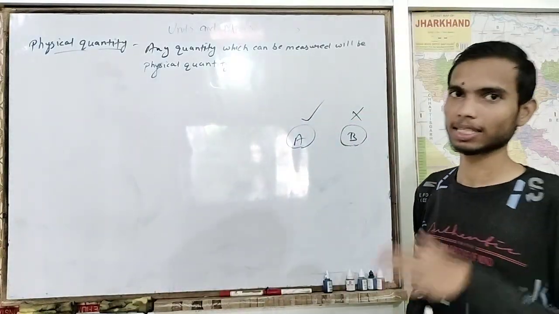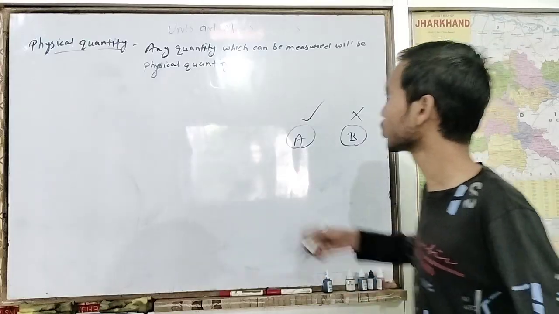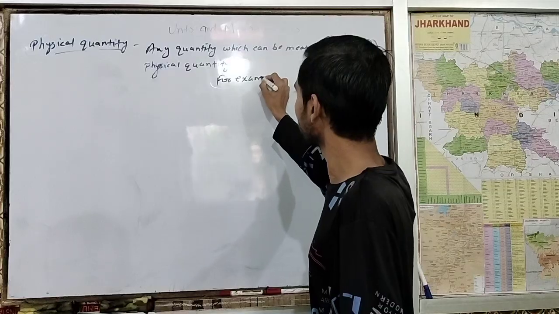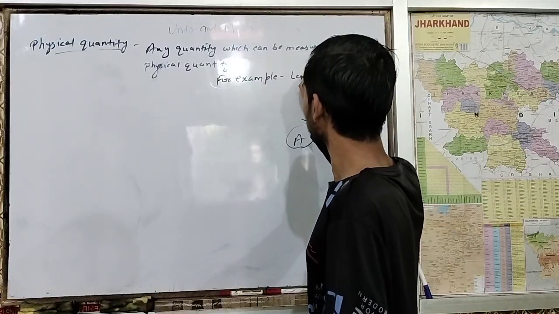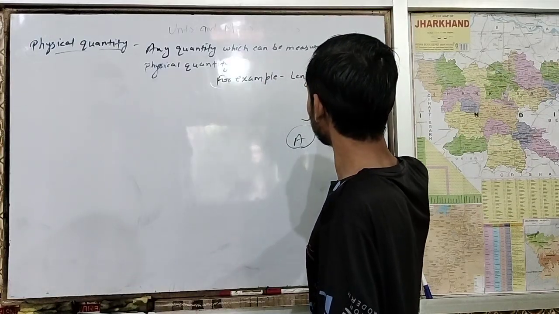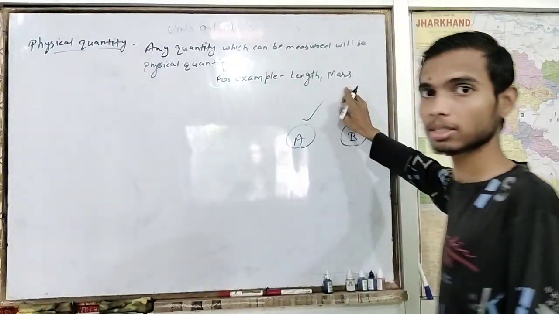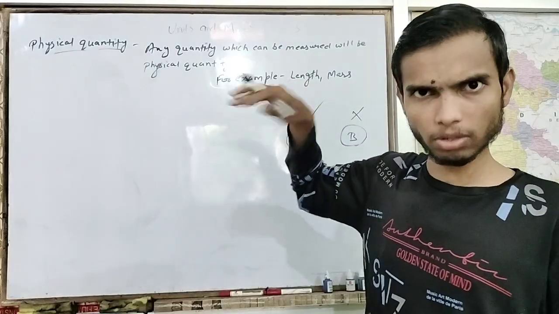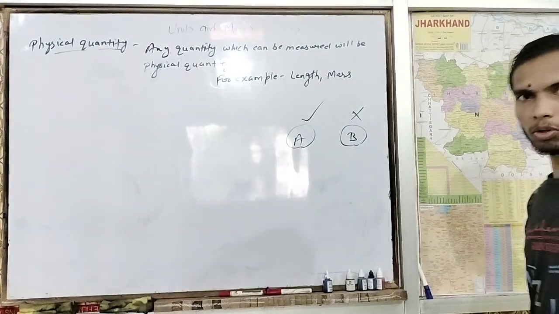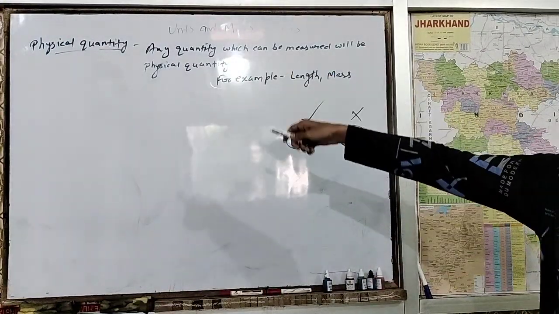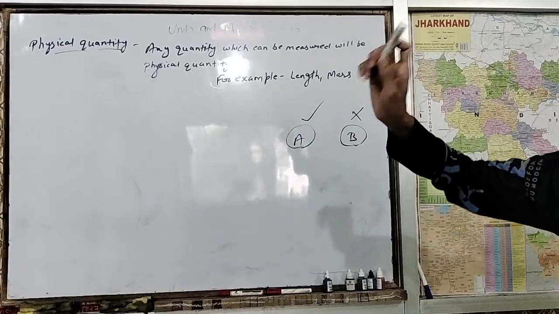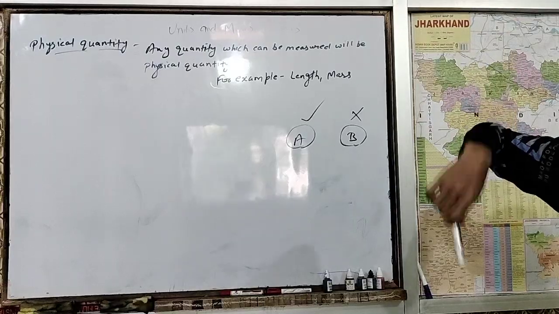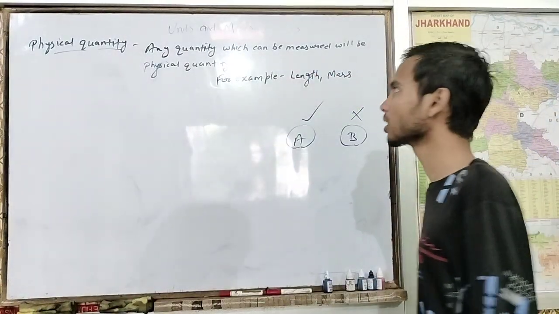That's why length is a physical quantity. For example, length, mass. We measure mass in kg. There are more physical quantities. I hope you have understood the meaning of a physical quantity. Any quantity you are taking, if you can measure it, then you can keep it in the category of physical quantity.